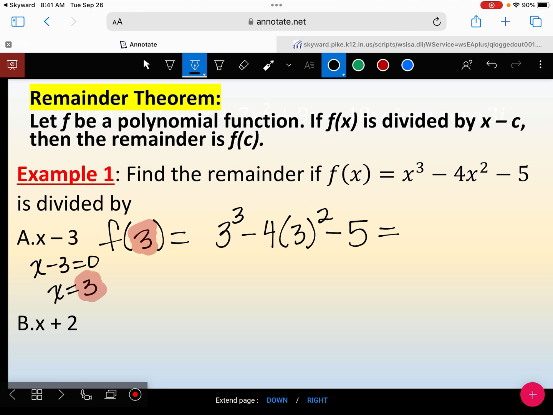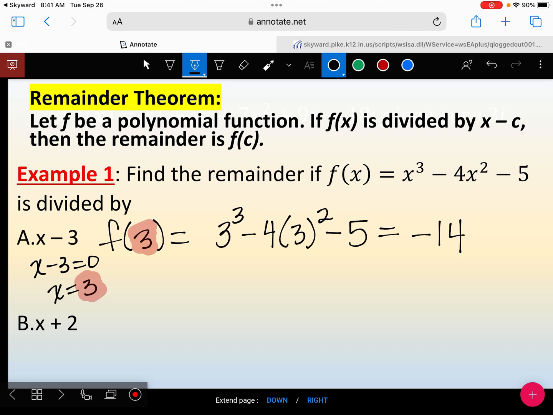Today we're just talking about the remainder theorem. Did you get negative 14?